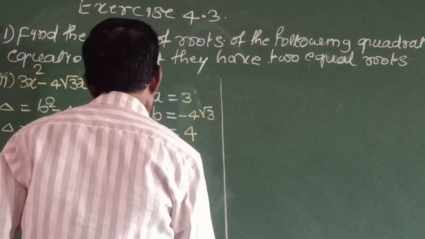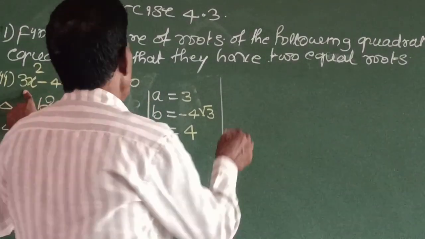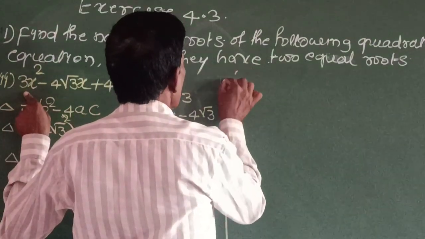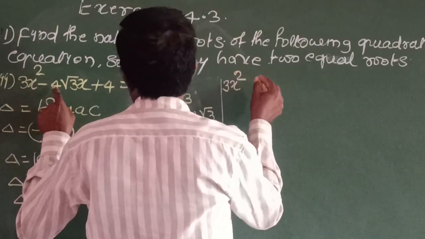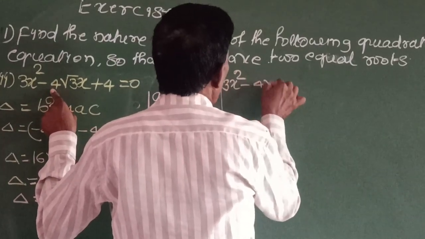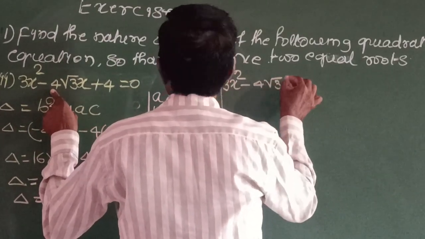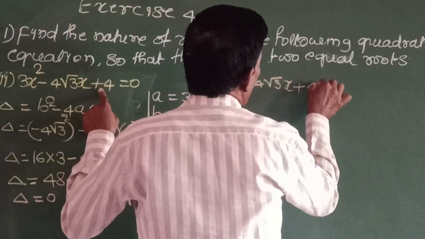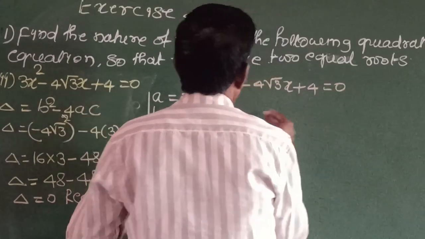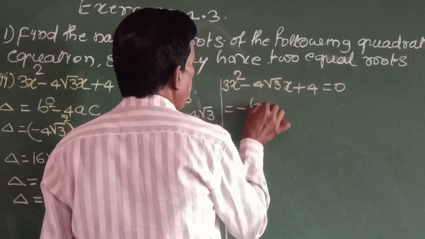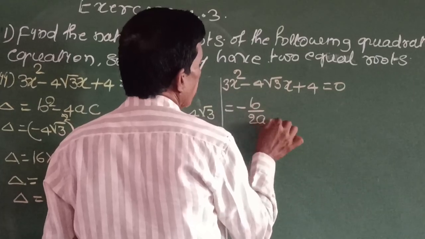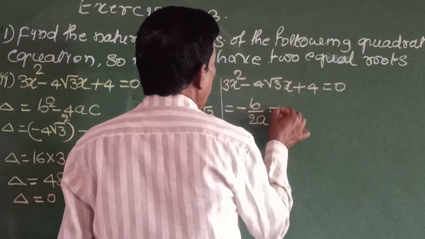Given 3x square minus 4 root of 3x plus 4 equal to 0. The roots are minus b by 2a.